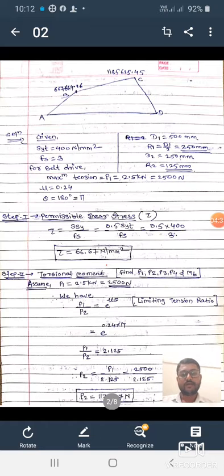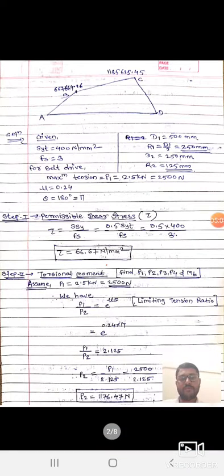So let us calculate the P1 by P2 ratio, which is equal to 2.125. Also we have the value for P1 that we have already assumed, 2500, and from this we can get the tension P2, which is equal to 1176.47 Newton.